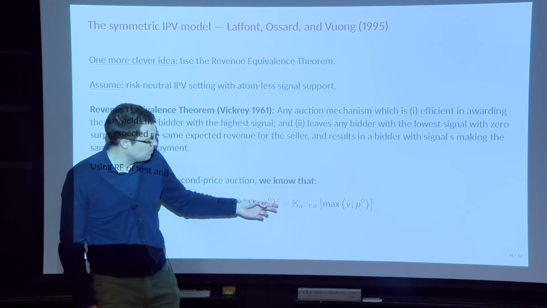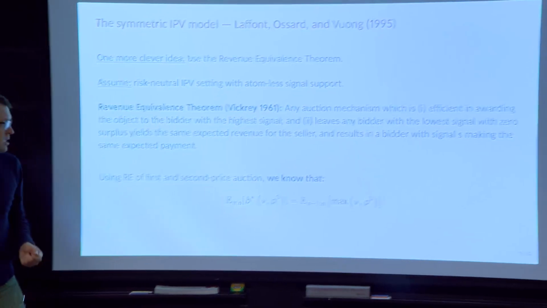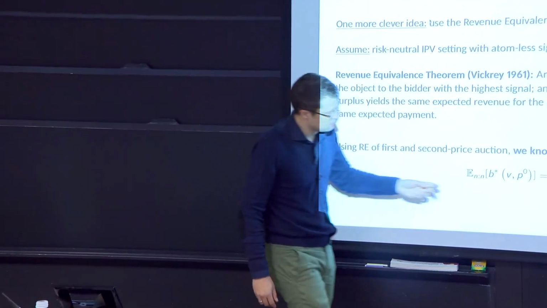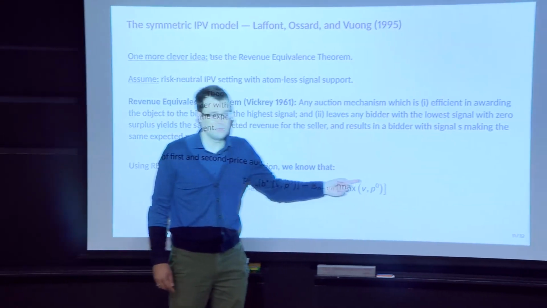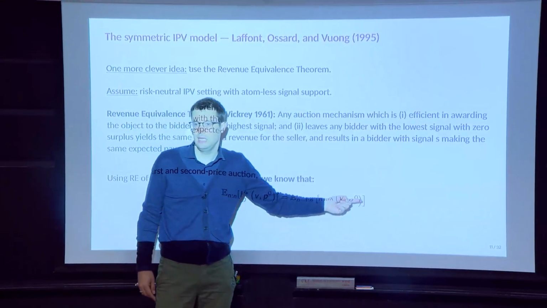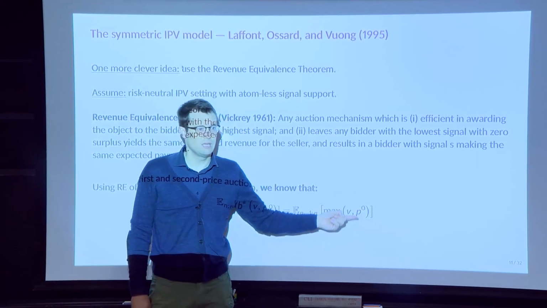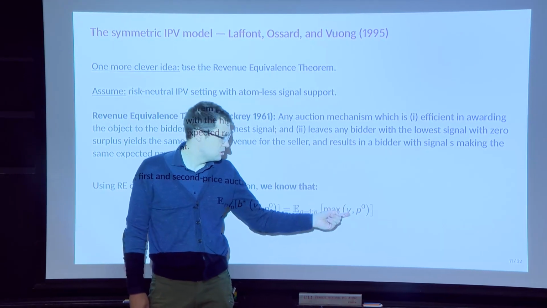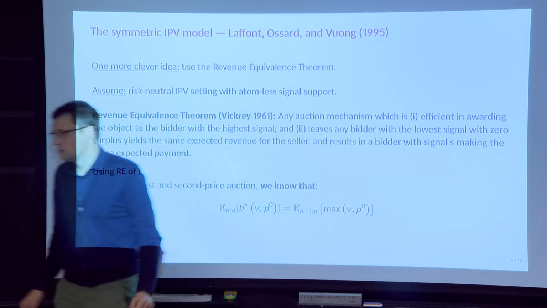And remember, in a second price auction, bidders' weakly dominant strategy is to bid their valuations. And so here we can make use of the fact that I no longer have to compute any complicated bidding function. I can directly take an expectation over valuations.